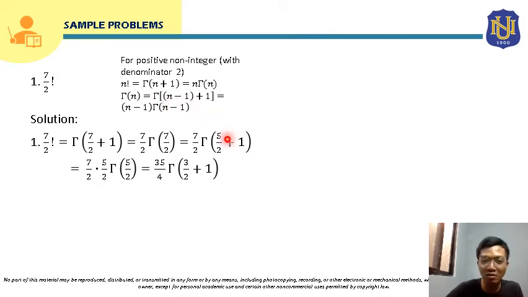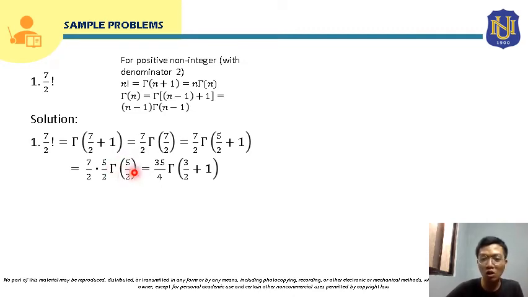And n minus 1 is 5 halves, so what will remain here is just 5 halves. So this is just equivalent to this. We are just rewriting it so that we can solve for this. Our goal here is that what will remain inside the gamma function is 1/2. That's our goal for this.